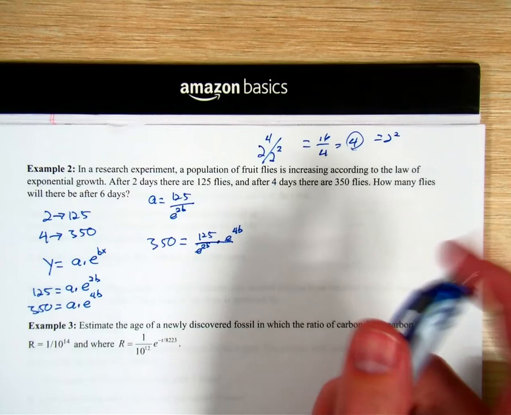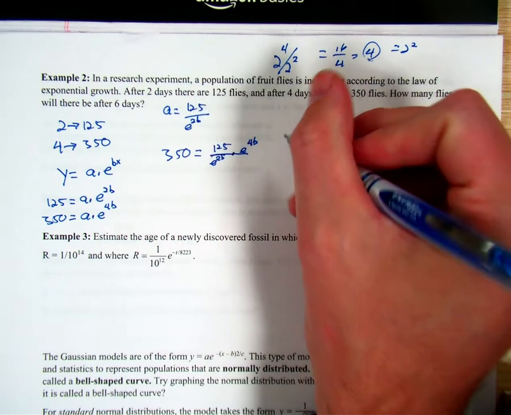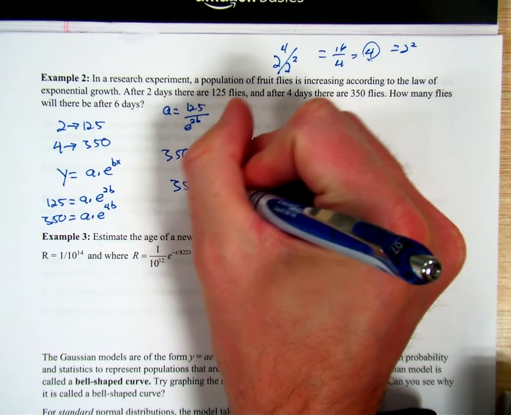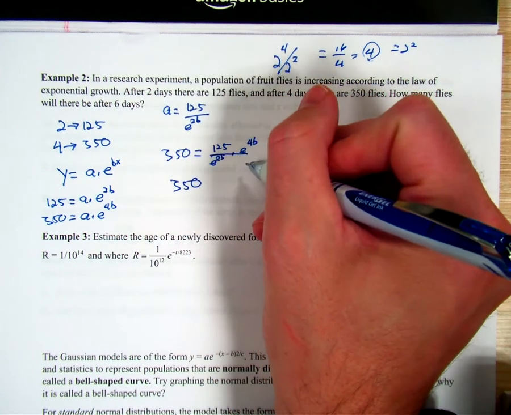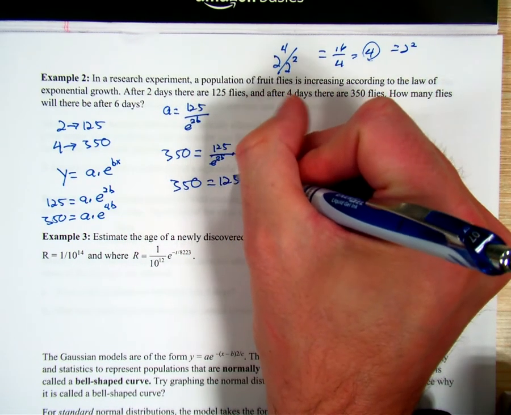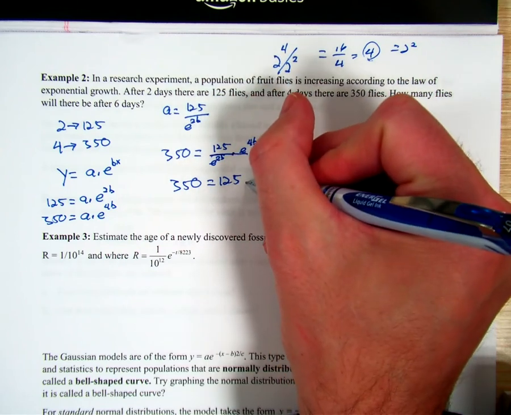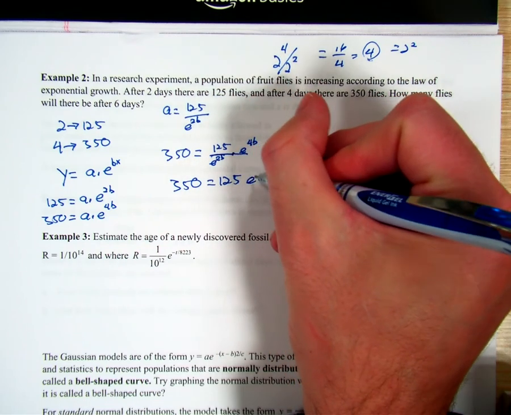Or if you're thinking about your exponent properties, alright, we can subtract. With division, you get to subtract your exponents if they are common base, which these are. They're both e, so 4b minus 2b is going to be e to the 2b.